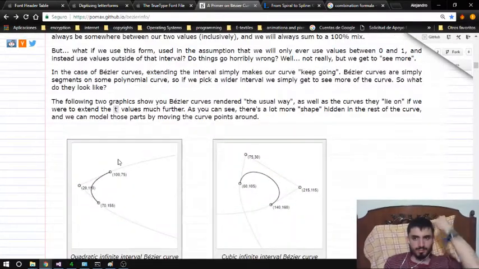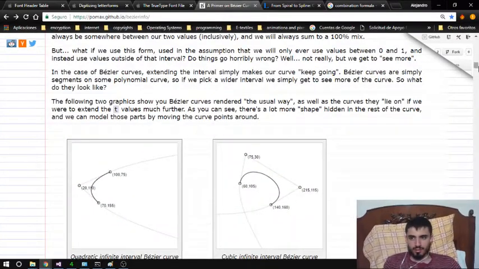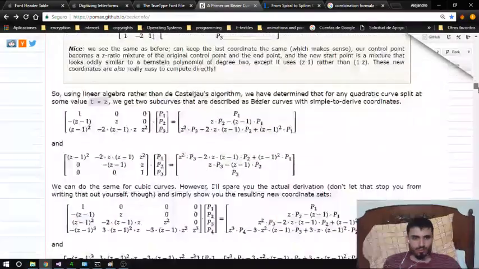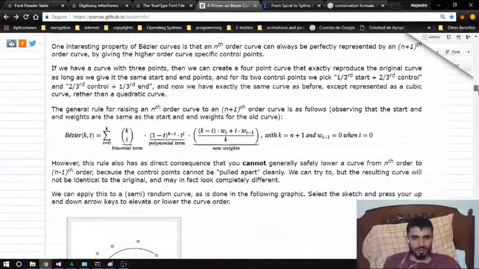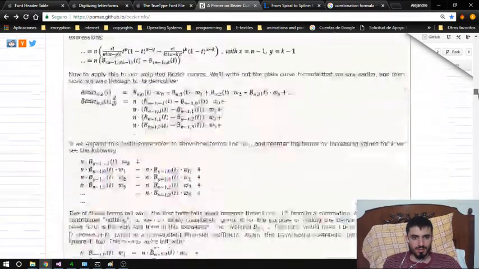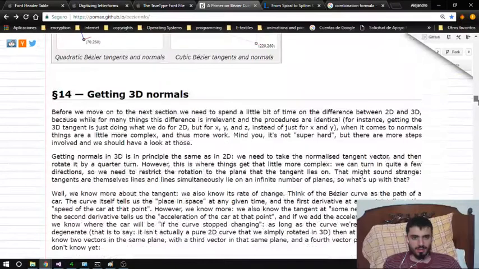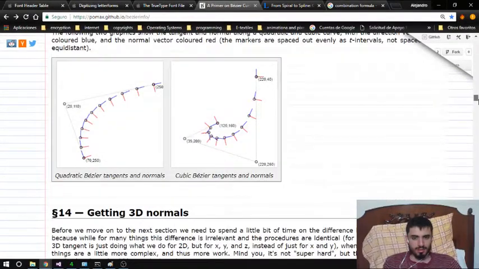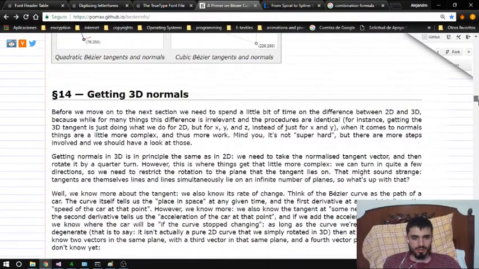Okay, so this is huge, man. This is for doing crazy stuff. Getting 3D normals.